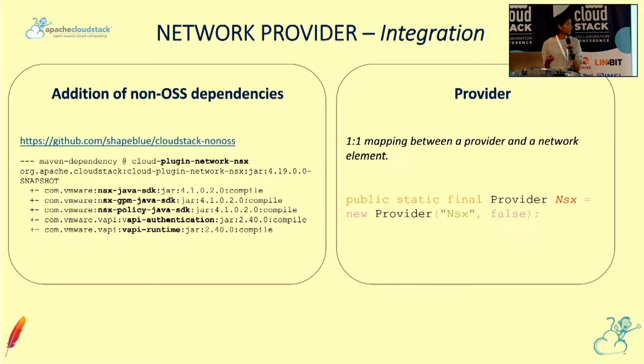So firstly, download all the necessary dependencies. If it is proprietary packages, then we have a separate repository where it needs to be set up. For every network element, there is a one-to-one mapping, so you need to define a provider as well.